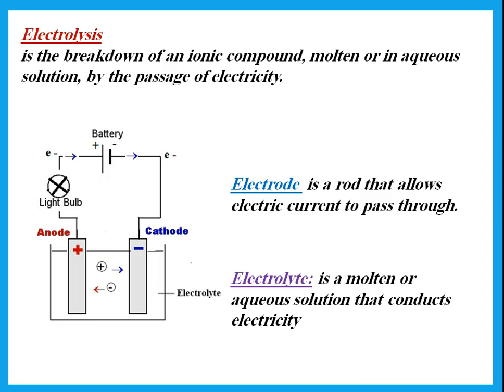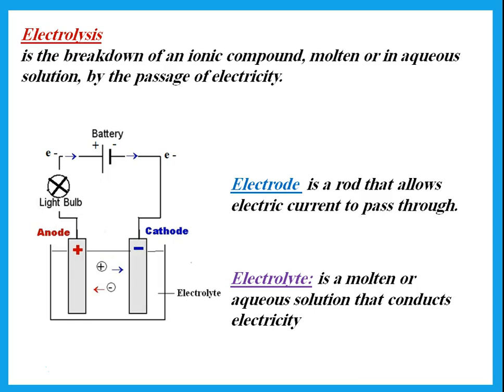So these electrodes usually are made of graphite, mainly because it conducts electricity and the fact that it is inert, that means it will not react with anything, and the fact that it is cheaper than any other substance. Now, if it is not graphite, it could be a metal, and this metal would either be platinum, but the problem with platinum is it is too expensive, or some other metal like copper or silver and so on. So that's the electrode.